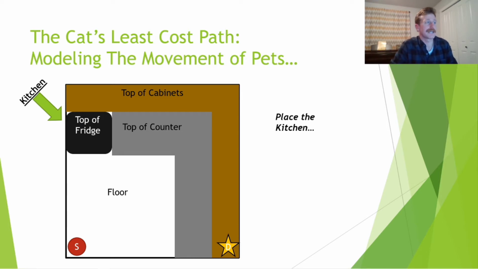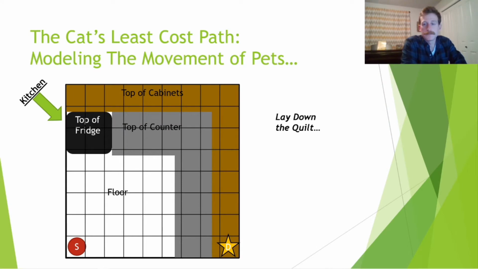So let's start by laying down the layout of my kitchen, and we'll build from there. The next step's pretty simple. We're just going to lay that quilt down, a grid, across this model of the kitchen.